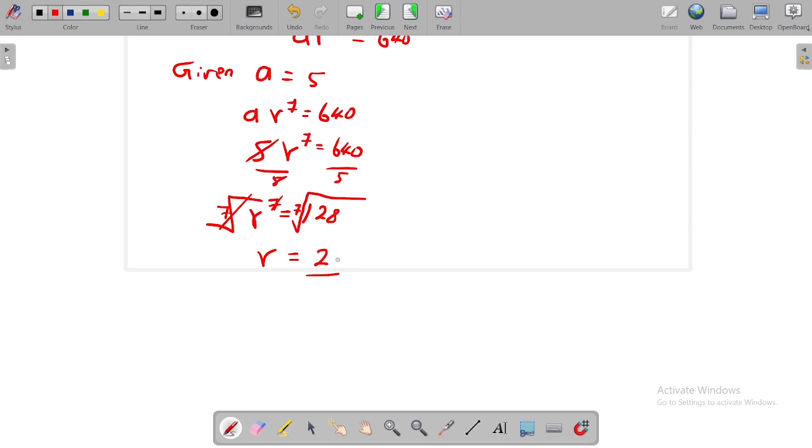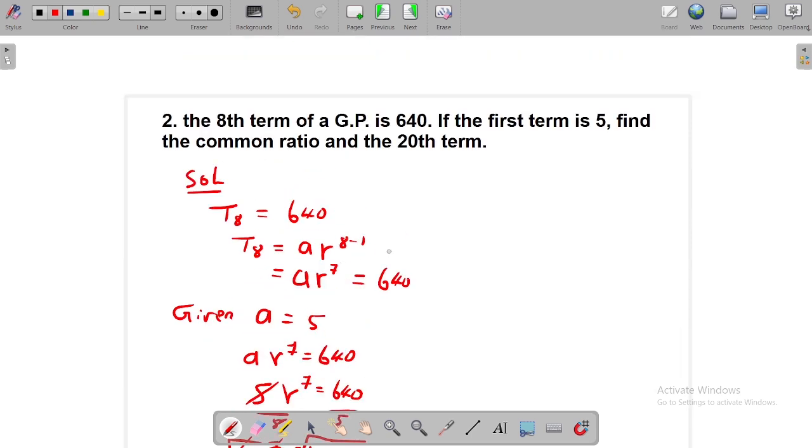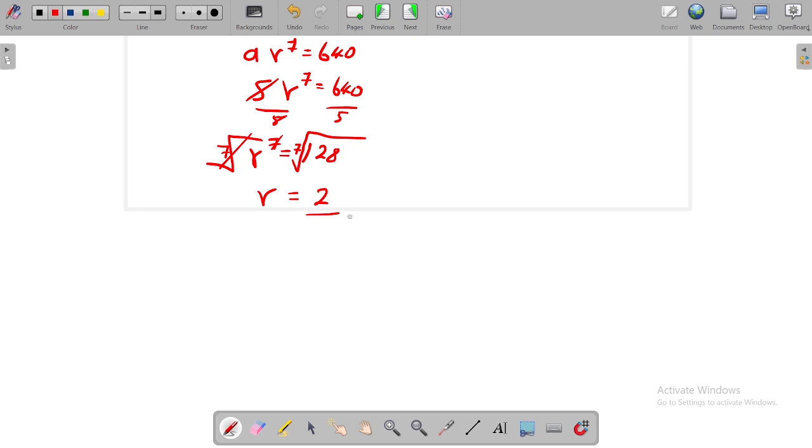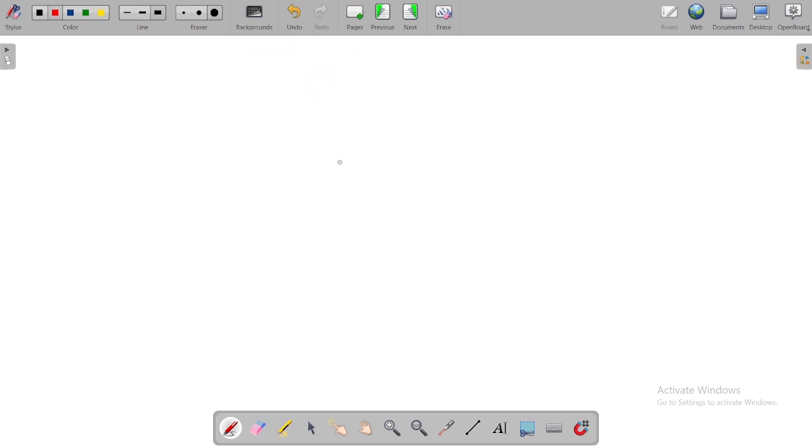Let's go back to the question and check something. What are they saying? If the first term is 5, find the common ratio and the 20th term. Now we've gotten the common ratio, which is R. They are equally asking us to get the 20th term.